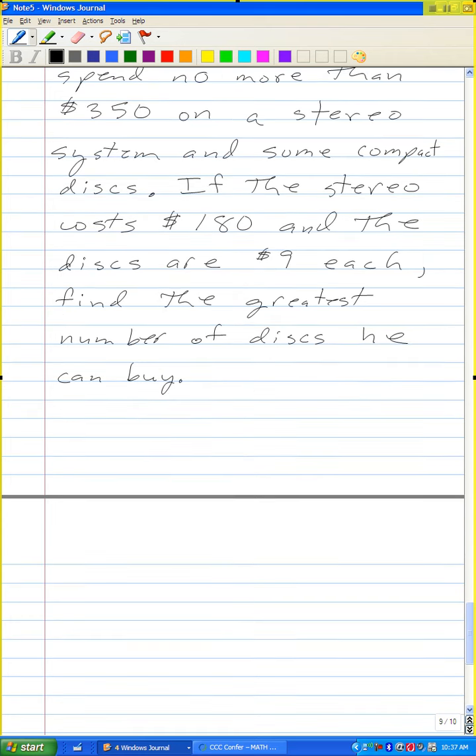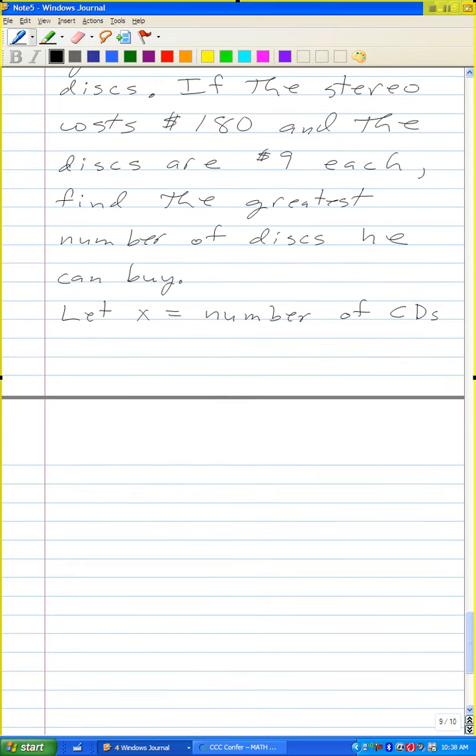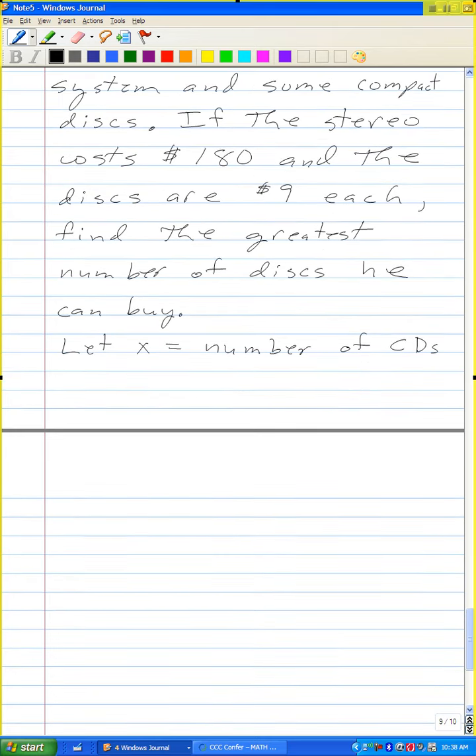Okay, so let me do that. So let x be the number of compact discs, so the number of CDs that they buy. Well, the stereo costs $180, and each compact disc costs $9.